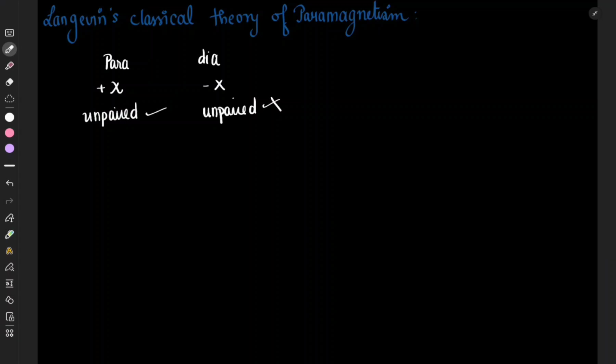In the absence of a magnetic field, the net atomic magnetic moment is 0. In the presence of a magnetic field, the dipoles will align, and the net magnetic moment will be M equal to susceptibility chi_m times H.